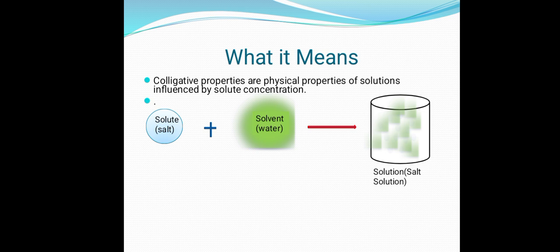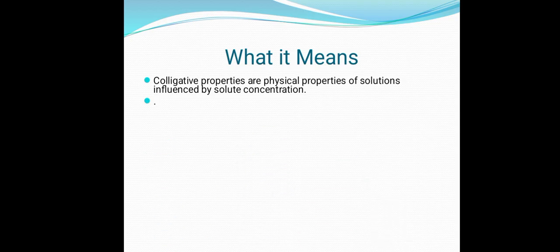In the solution here, the effect of this salt on the solvent will be to increase the boiling point and decrease the freezing point. So the physical properties of this solvent will never remain the same in solution. Those changes in the physical properties of a solvent in a solution are what colligative properties are all about.